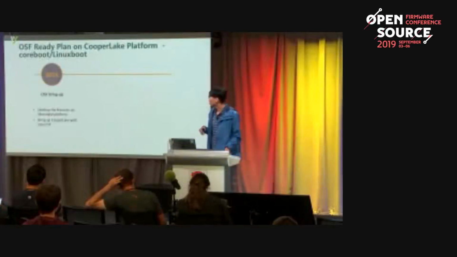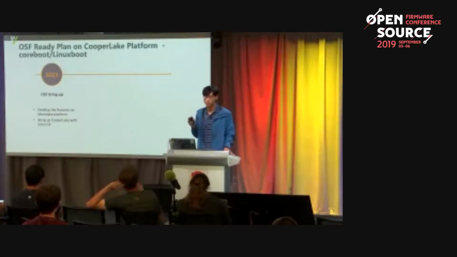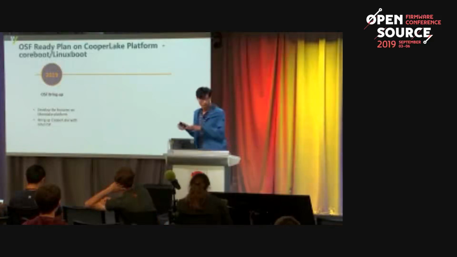The final is the open system firmware ready plan on the Kubernetes platform. In 2019, we developed the features on the monolithic platform first because the Kubernetes platform is not ready yet. We would like to move these features to the Kubernetes platform after we bring up the Kubernetes platform.